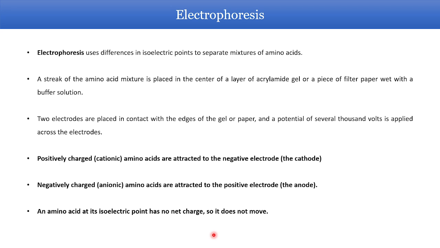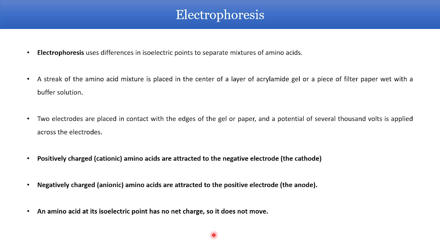Now, to understand the acidity and the basicity of these amino acids, the process of electrophoresis is very important. Electrophoresis is a procedure that uses the differences in isoelectric points to separate mixtures of amino acids. A streak of amino acid mixture can be placed at the center of an acrylamide gel or a piece of filter paper in a buffer solution, and you pass current through the two ends, attaching them across two electrodes.